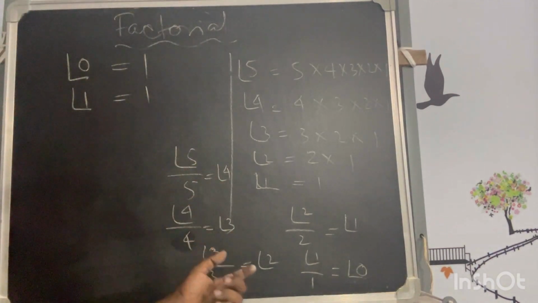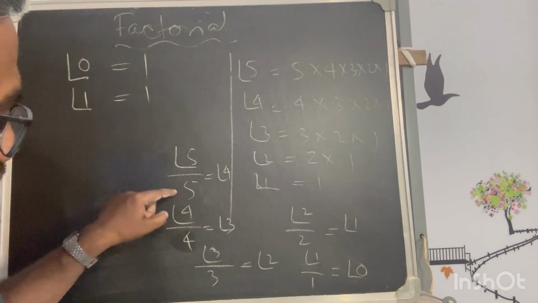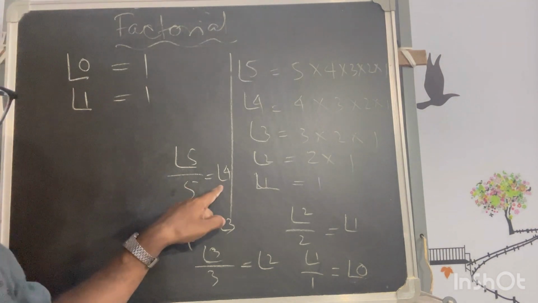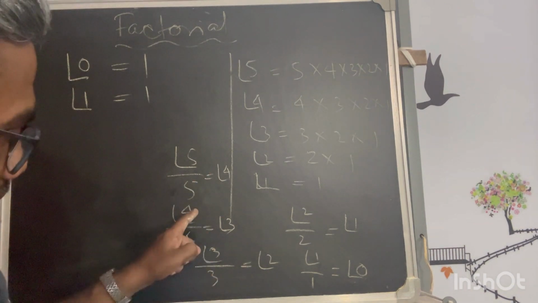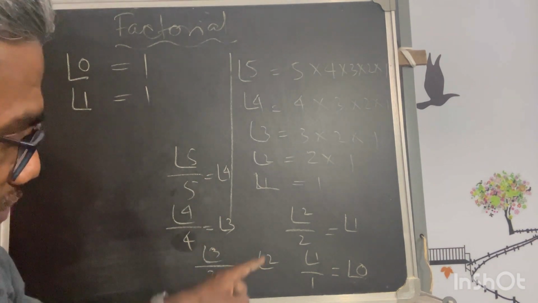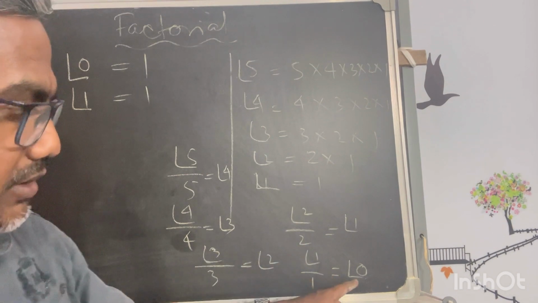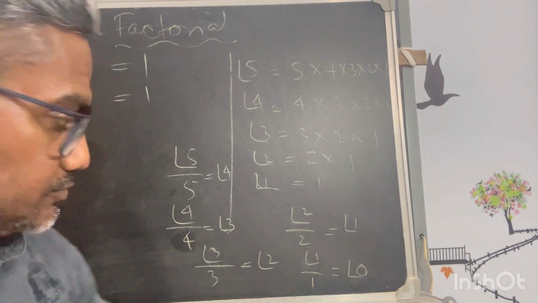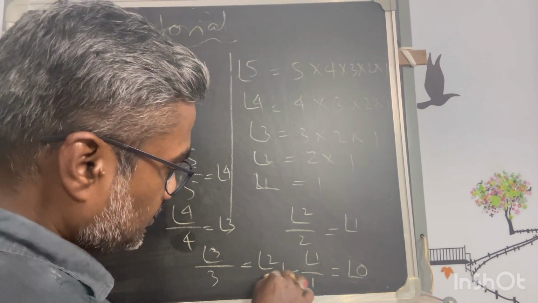So this is a logical statement. When I reduce factorial 5 by dividing by 5, it gives factorial 4, and each division gives the next factorial below, then definitely factorial 1 divided by 1 must give you factorial 0. What is the result of this? Factorial 1 is 1, divided by 1, it gives 1.